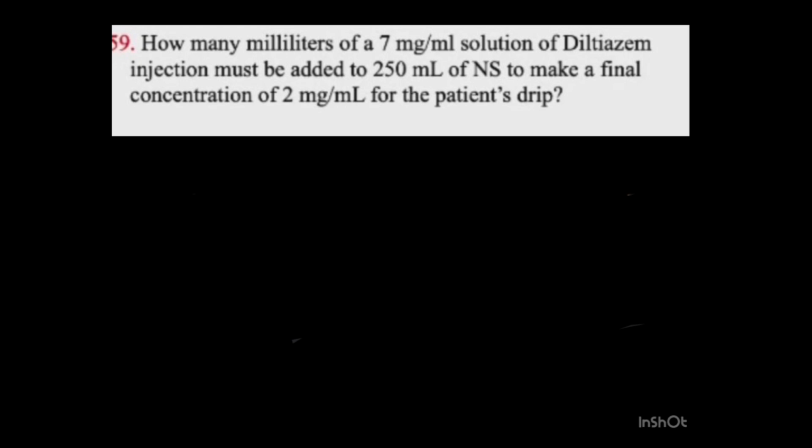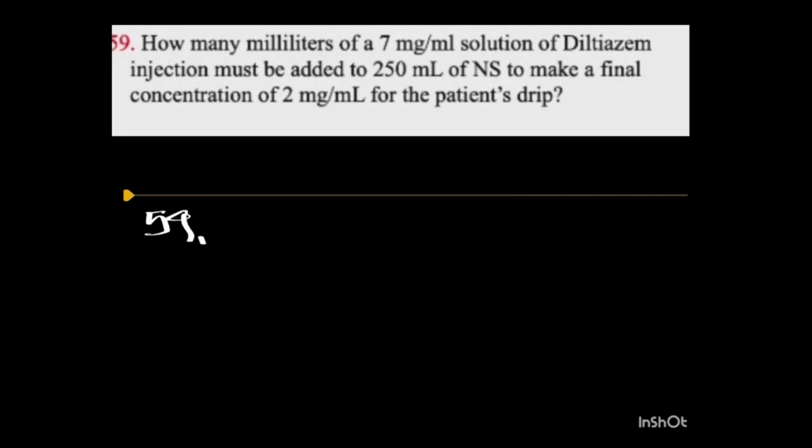And there's just two concentrations that it mentions here. That means we can use the C1V1 equation, or if we want to make up a 0 for the diluent as a concentration, we can do that and do an alligation. So I'm just going to go ahead and do C1V1.